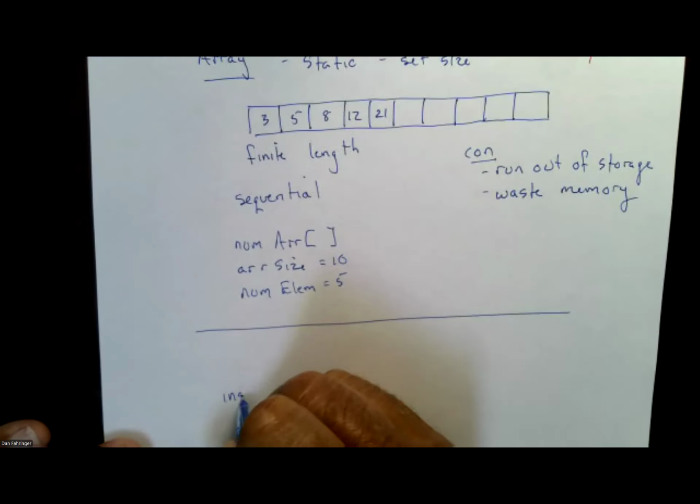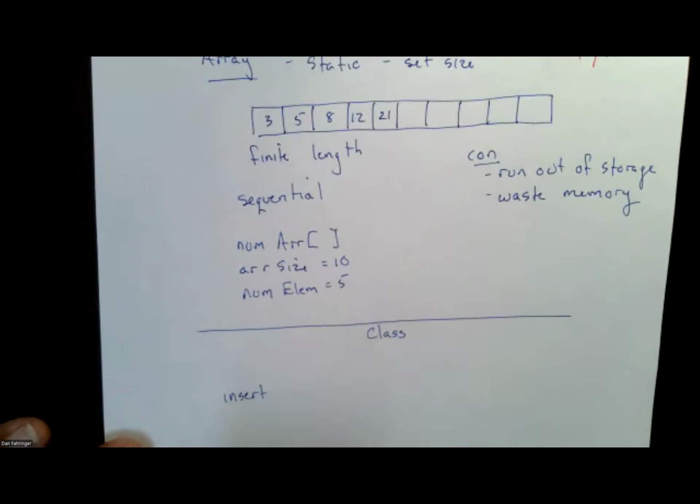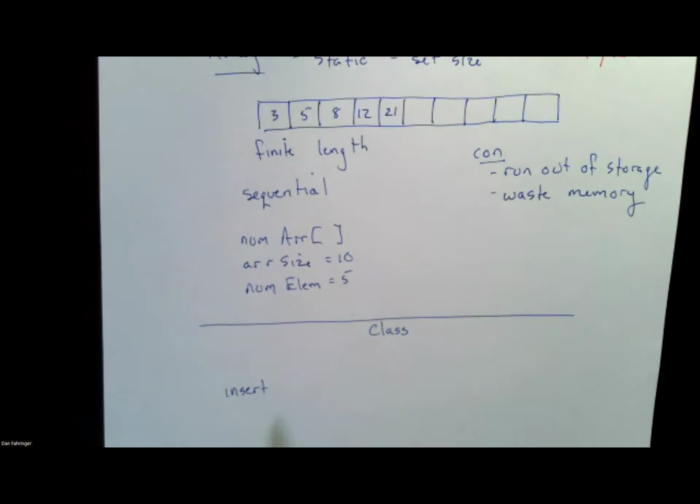Yes, we're going to insert an item. So I'm creating a class, and one of the functions I'm going to write for this class is called insert. Because once I build this class, I'm going to use it starting next Monday and next Wednesday and so on, and work with it versus this dynamic one.